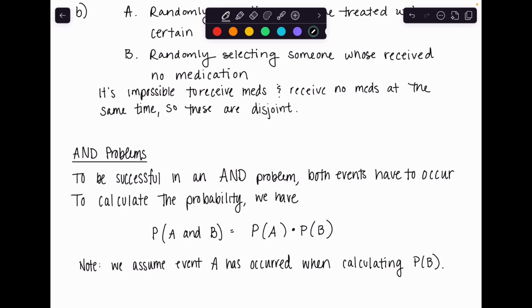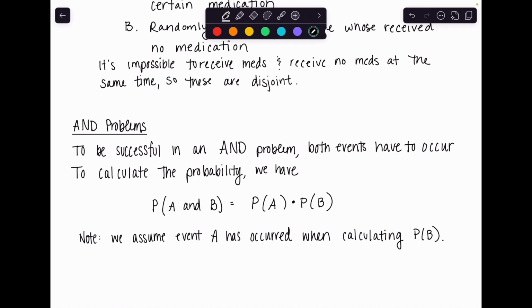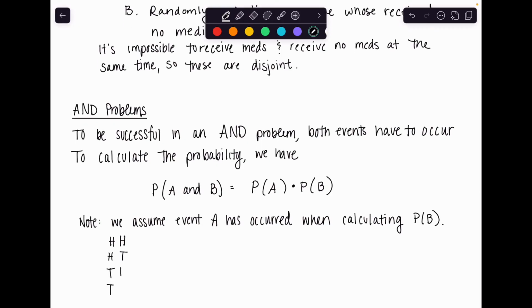So you have to be careful with this because depending on the problem, when you're calculating event B, you've assumed event A has already occurred. So a really good way to think about this is if we're flipping a coin 2 times. If I look at all of those possible outcomes, you have heads on the first one, heads on the second, tails on the second, tails on the first, and then heads and tails.